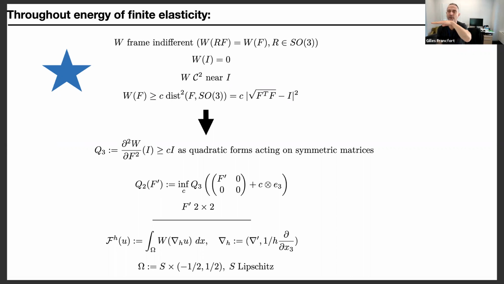So S is the midplane, the midsection of your plate, if you want, and it's flat, right? And I'm going to call gradient H, or nabla H, the rescaled gradient, because when you perform this change of variable, which consists in stretching in the third direction, you introduce a 1/H when you differentiate with respect to that direction, the transverse direction.